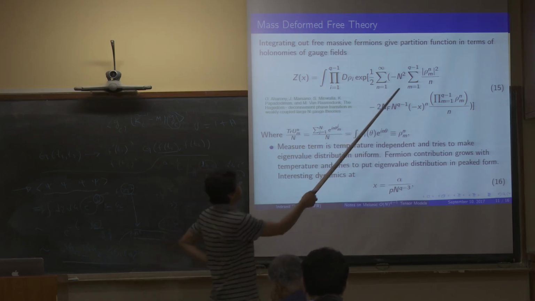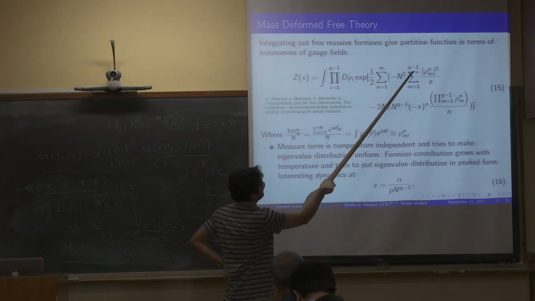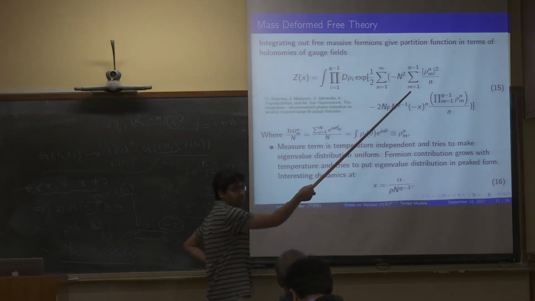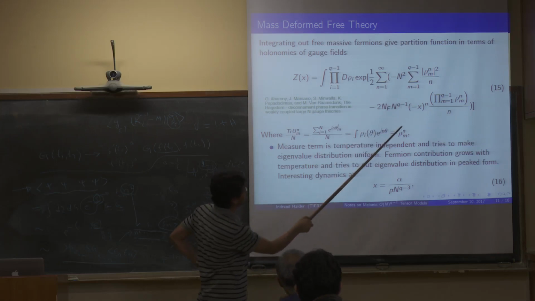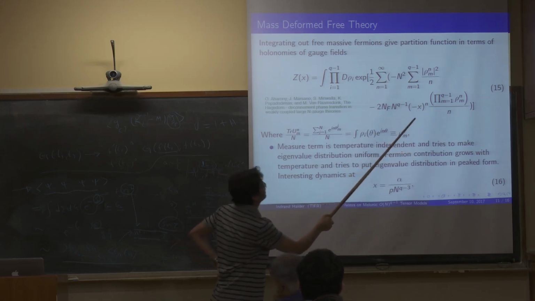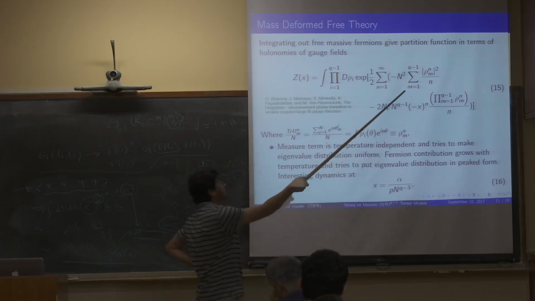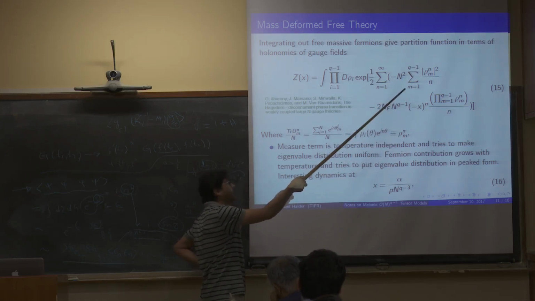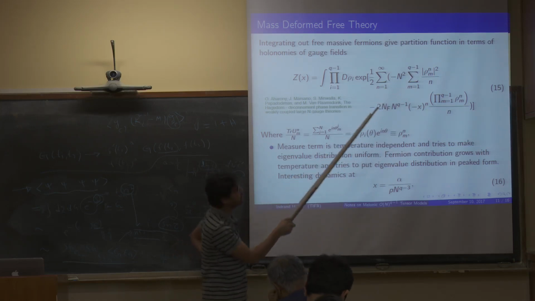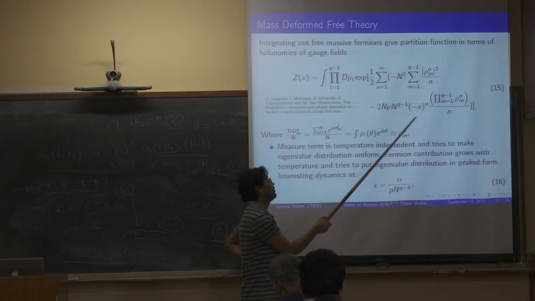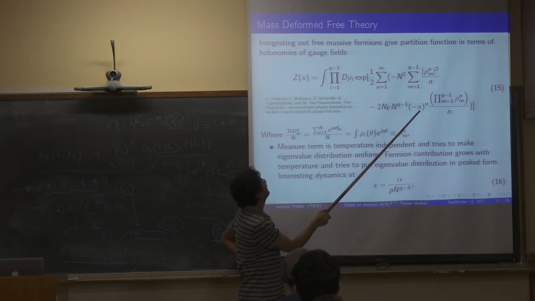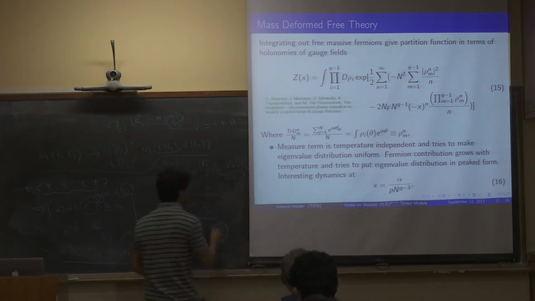The first term, N squared times this thing, comes just from the Haar measure of the gauge group, and the other term comes from the fermions. The part from the gauge group is independent of temperature, it is just the measure of the gauge group, but the term from the fermions knows about the temperature. Here x is just e to the minus m beta.